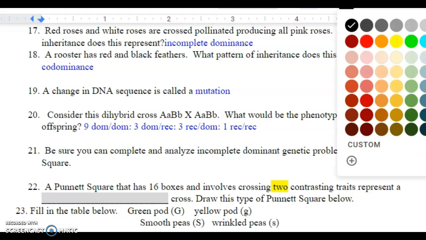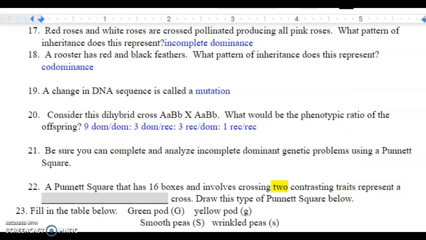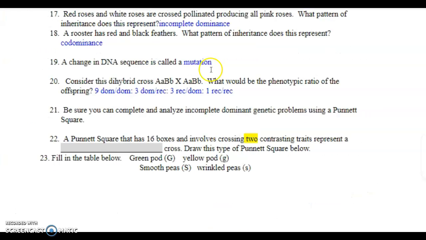The big boxes with the 16 squares, those are dihybrid crosses. We've also done the dihybrid crosses just looking at two of the little boxes and then multiplying those traits together. But if we see the big Punnett square with the 16 boxes, and there'll be 2 traits from each side, that is a dihybrid cross.